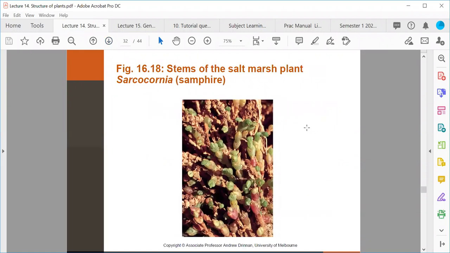All right, and here we can see stems of the salt marsh plant, Sarcocornia, and I'm not sure if you can see, but the leaves are barely visible. They're basically highly reduced, and it's essentially the stems that are performing the function of photosynthesis.